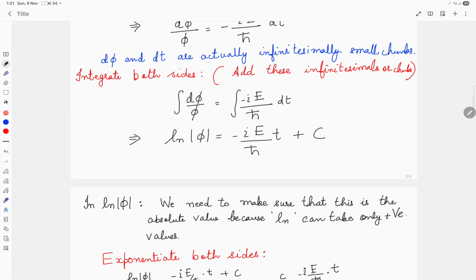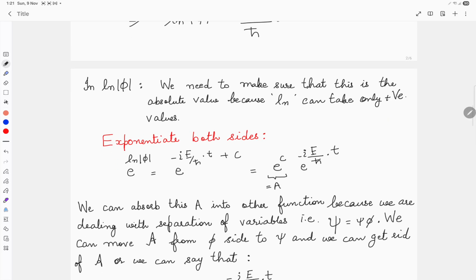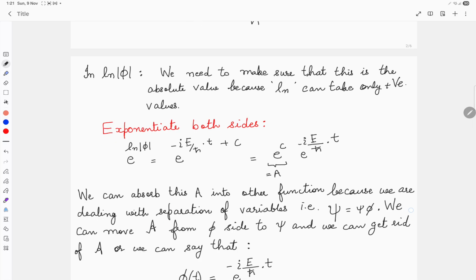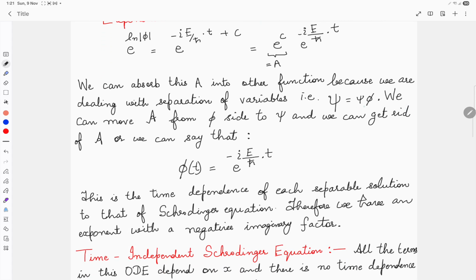First we are using the variable function which is phi, so this constant A can be absorbed in the other variable function, capital psi, the small psi into phi. So we can move A from the phi side to psi and get rid of this A.